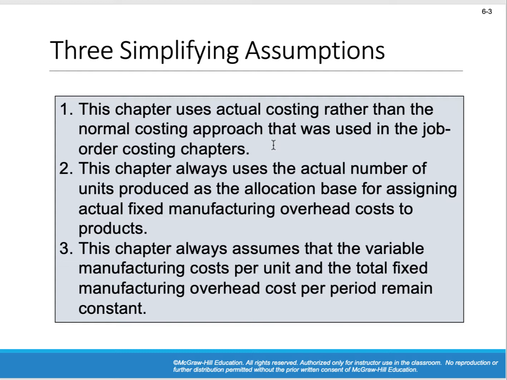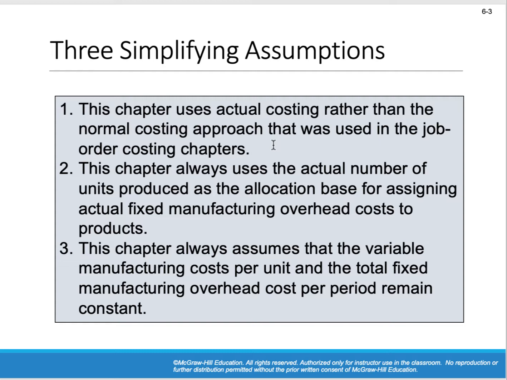Okay. So the first assumption is that when we're looking at variable costing, variable costing uses actual costing rather than the normal costing approach that we used in that job order costing, okay?